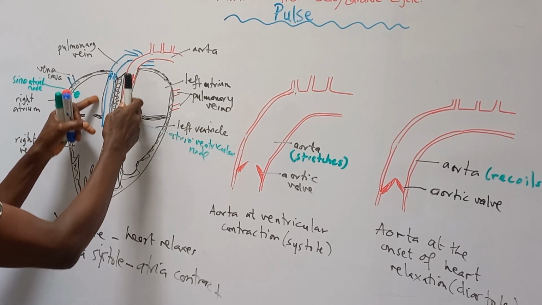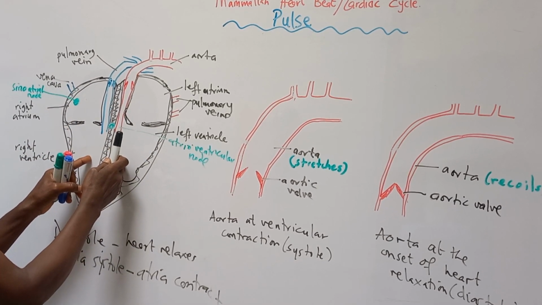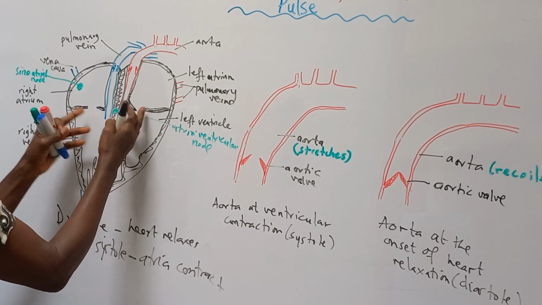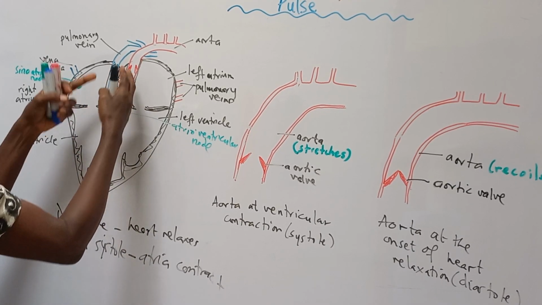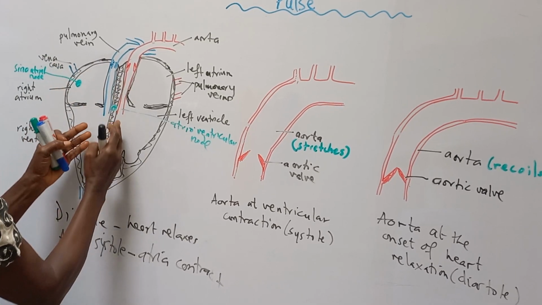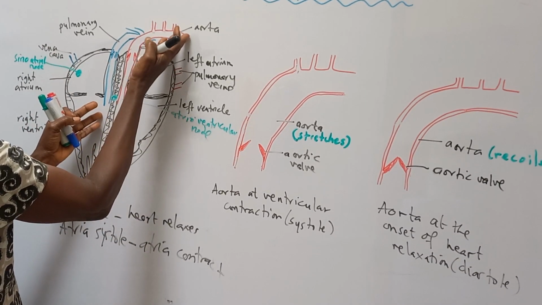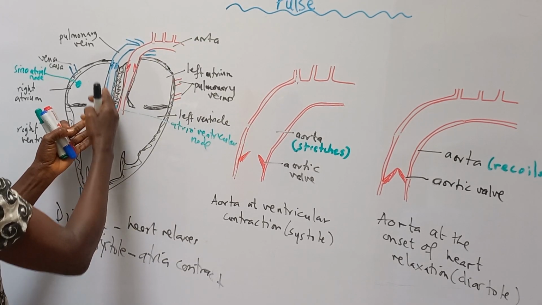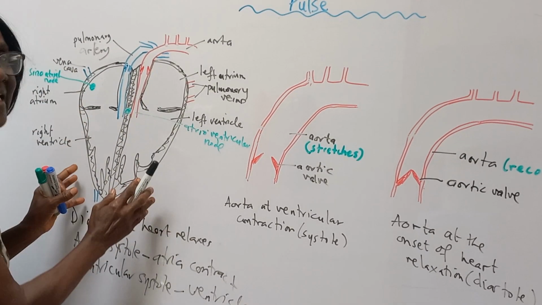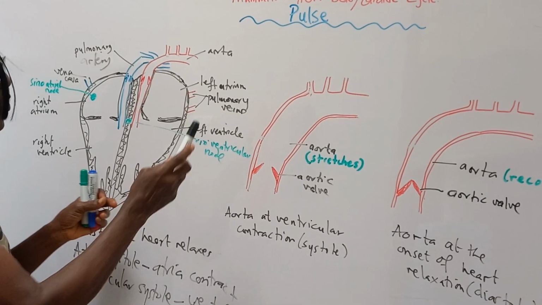So blood flows from the atria into the ventricles. Then the ventricles contract, the atrioventricular valves close, the pulmonary valve and the aortic valve open, and blood flows out through the aorta and also through the pulmonary artery. So that is heartbeat. But what is pulse?